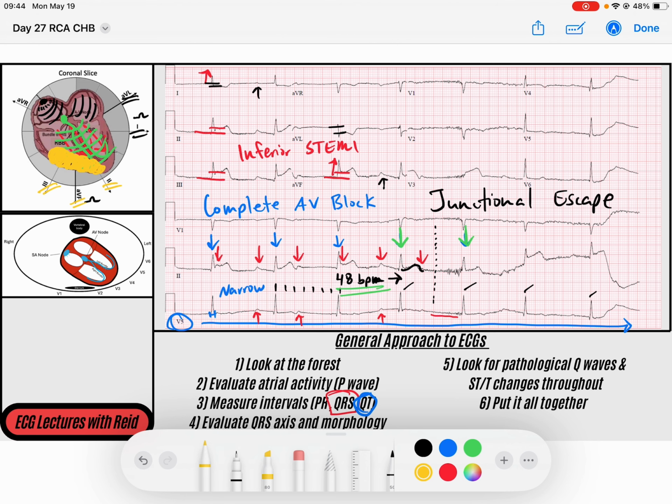So can we link the inferior STEMI to the complete AV block? And I would say yes. Remember that the right coronary artery usually supplies the inferior wall. And something that the right coronary artery often supplies is the AV node.